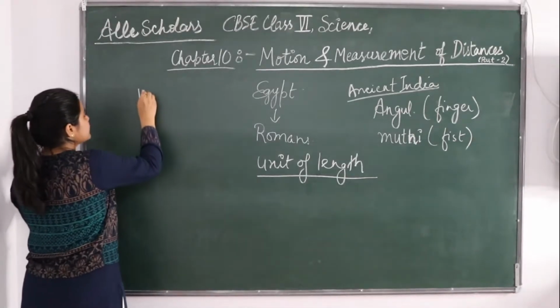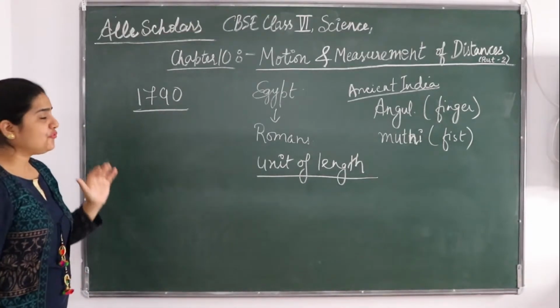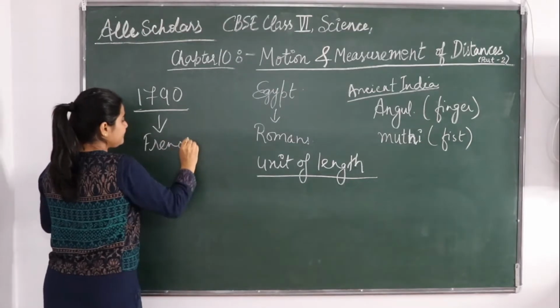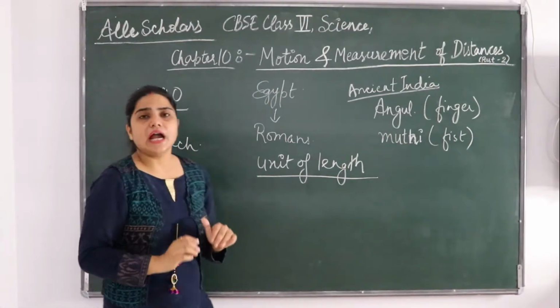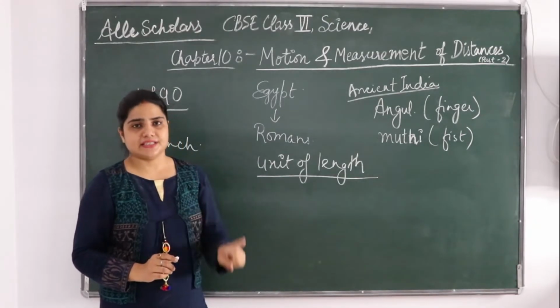So then, 1790 में क्या हुआ? France created a standard unit of measurement, and that was called the metric system.